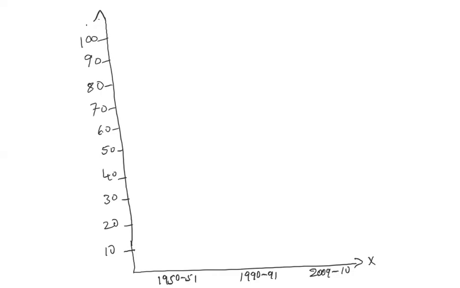So in 1950-51, the share of public sector was only 8%, isn't it? So it's somewhere around here. In 1950-51, public sector was only 8%, whereas the share of private sector was almost 92%.